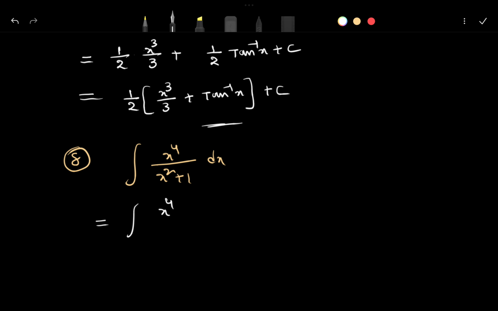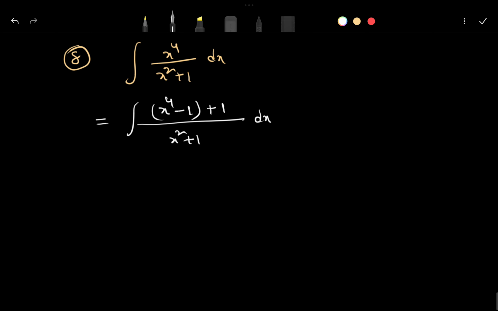Add and subtract 1 with x to the power of 4. So this value will be x power 4 minus 1 plus 1, whole divided by x square plus 1, into dx. After this you can write integration of x to the power of 4 minus 1 by x square plus 1 into dx, plus integration of 1 by x square plus 1 into dx.